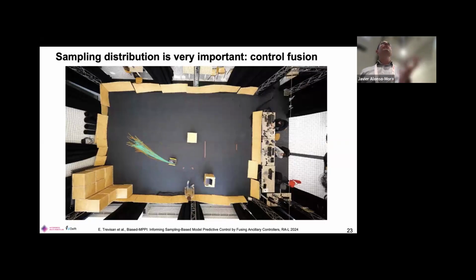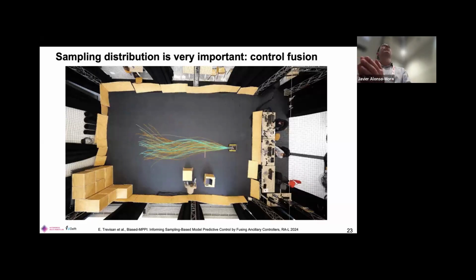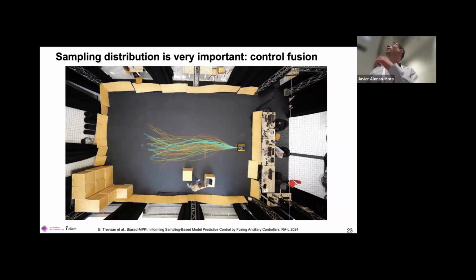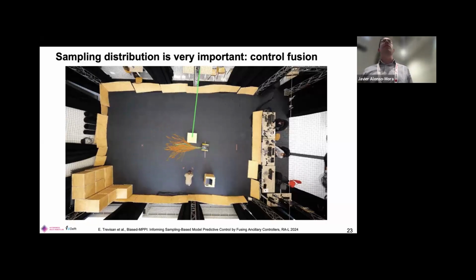It's only one sample, so it doesn't change the result much because you do the weighted sum. But what is nice is that when something unexpected happens, that one sample that is still safe gets a very high weight, and then it can bias your distribution to something that will work again. That's why, with these ancillary controllers, we were able to adapt when something unexpected happens.